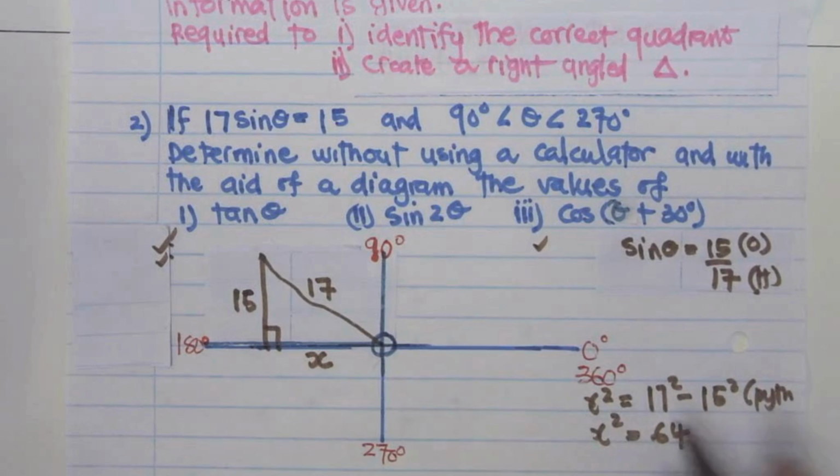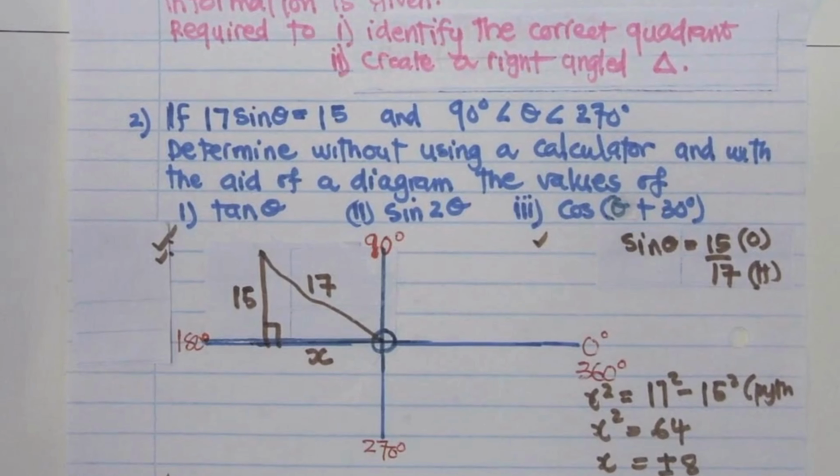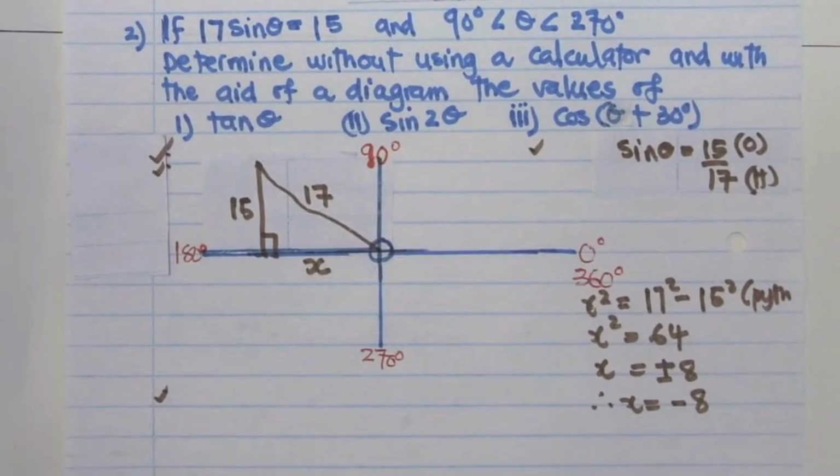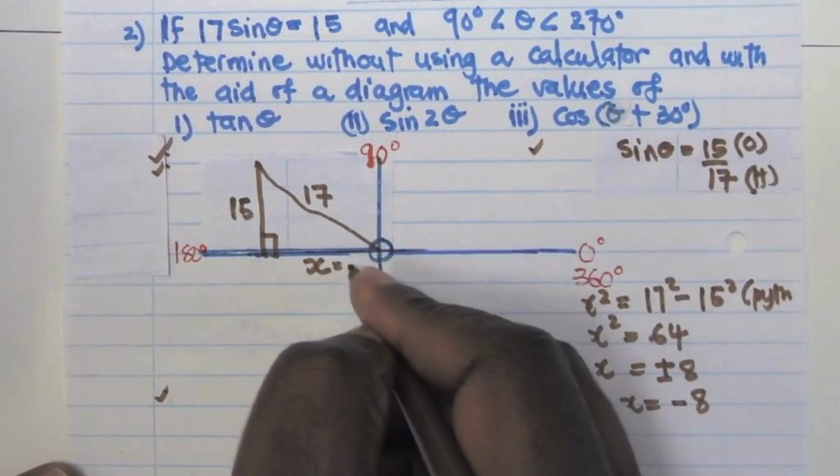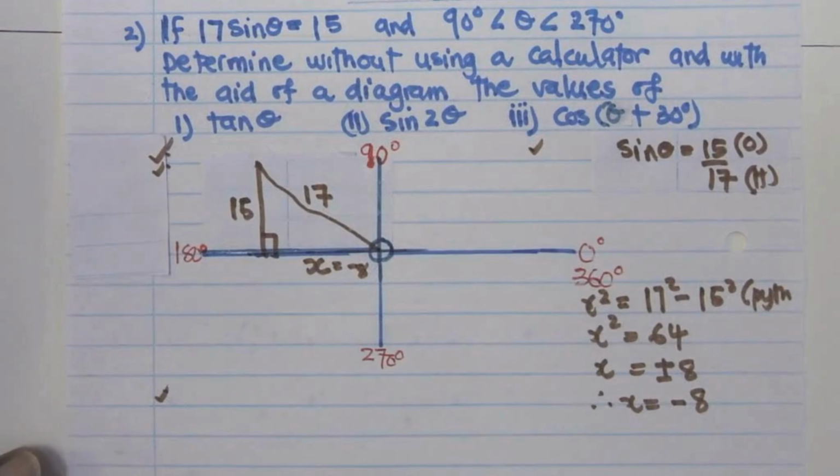And if I take the square root of both sides, I'm going to see that x is equal to plus or minus 8. But if I look at my diagram here, I see that x is on the negative side. So I'm going to select x is equal to negative 8. And then I can write it on the diagram.